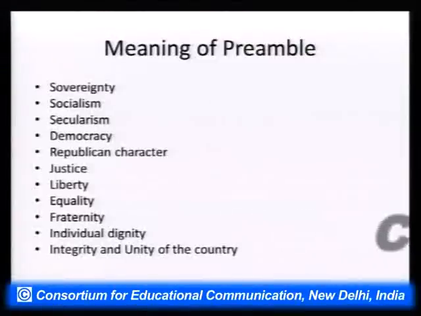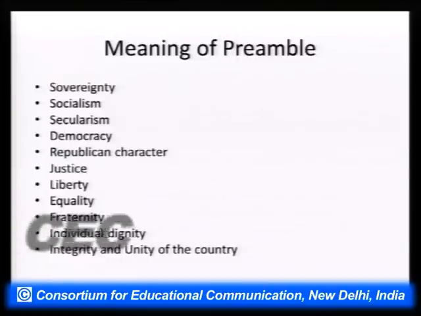Democracy, the democratic setup, means that the best practices of the parliamentary form of government are feasible only in a democratic setup. As I told you, many other countries have constitutions, but not all of them are democratic. We have seen the examples which took place in Egypt, Algeria, and many other countries.